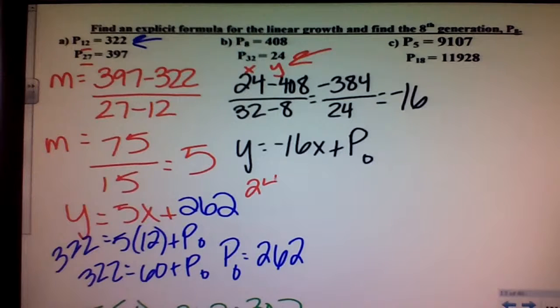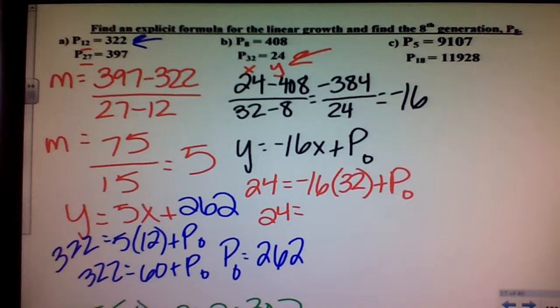So 24 equals negative 16 times 32 plus p sub 0. Okay, so I need to now solve for p sub 0. So 24 equals negative 16 times 32, negative 512.